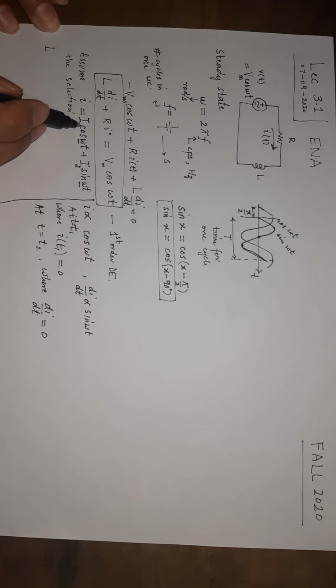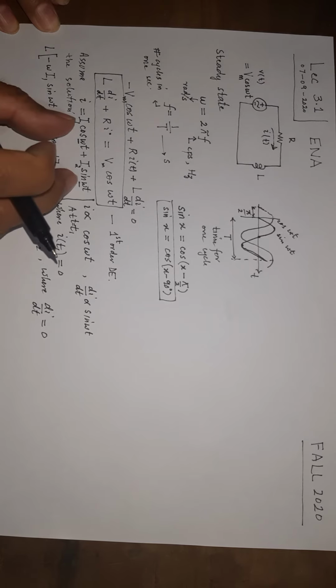L and the derivative of this thing. So help me write the derivative of I1 cos of omega t. That would be equal to minus omega I1 sine of omega t plus the derivative of this thing, plus omega I2 cos of omega t.